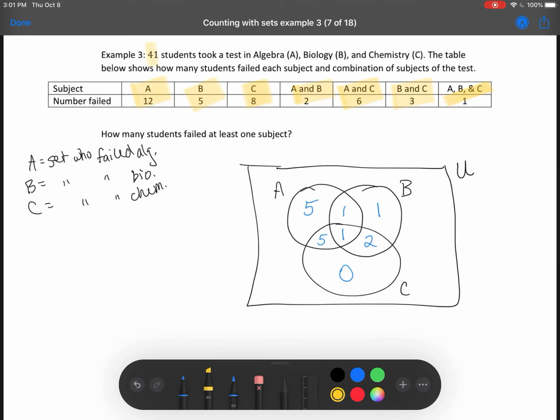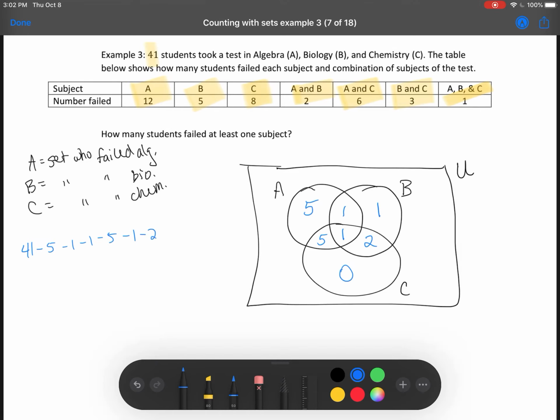We also know that there were 41 students who took this test, so we could use that to find the number of people who didn't fail any of the subjects, or in other words, who passed all of the subjects. That would be 41 minus all of the numbers in our Venn diagram, so minus 5, minus 1, minus 1, minus 5, minus 1, minus 2.